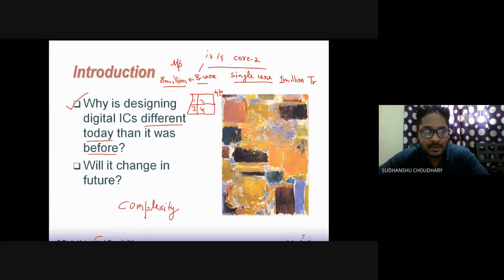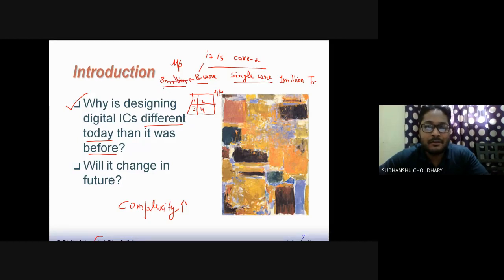The complexity has increased. So complexity in terms of the functionality, that is, the number of functions or the number of operations you can perform, has gone up very, very rapidly. So earlier, as I said, we had microprocessors or maybe circuits which had transistors in the range of maybe 1000 to 10,000. Today we are in an era where trillions of transistors are in a microprocessor. Not just million. So million is a wrong number.